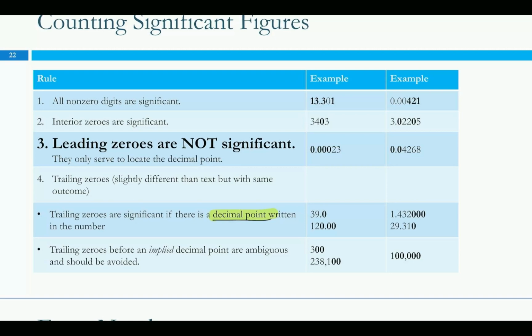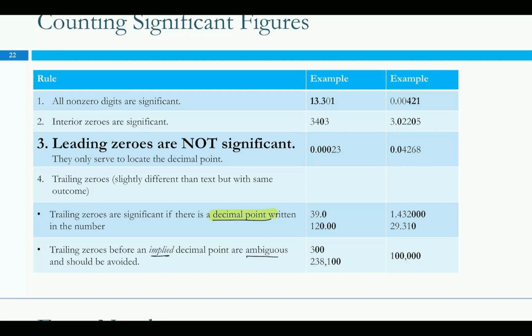So in this last one, trailing zeros without a decimal point, or an implied decimal point, I should say, are ambiguous, meaning you can't tell how many of those are supposed to be significant. For small numbers, like numbers less than 1, we can tell the zeros are just keeping the digits away from the decimal point. It's got to be that small, in the tens, hundreds, thousands, 10,000ths place.